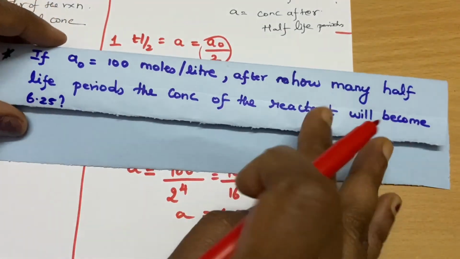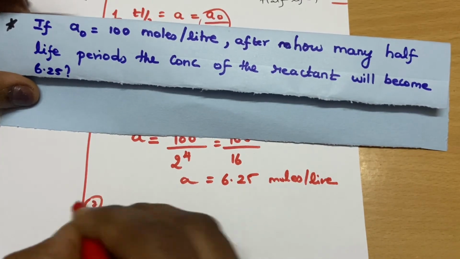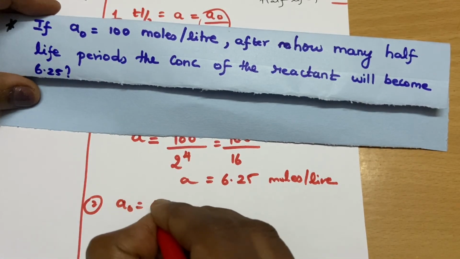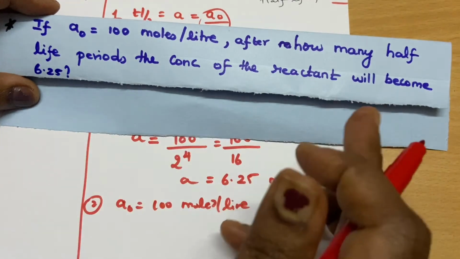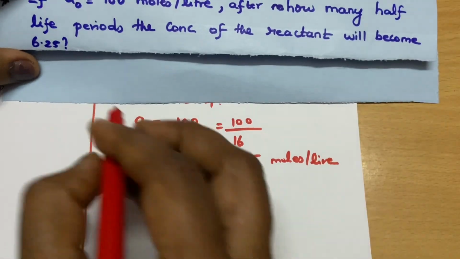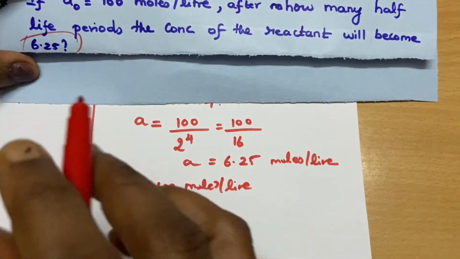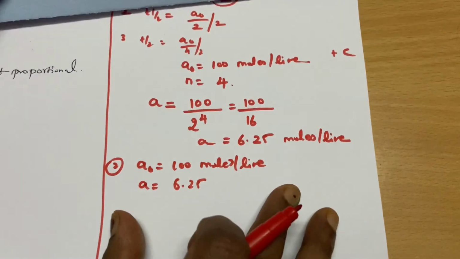See, if the question is framed in another way, I will tell you how it helps. If A naught is given, same 100 moles per liter, they are asking after how many half-life periods the concentration will become like this. You have to find out how many half-life periods. Here the A is 6.25.